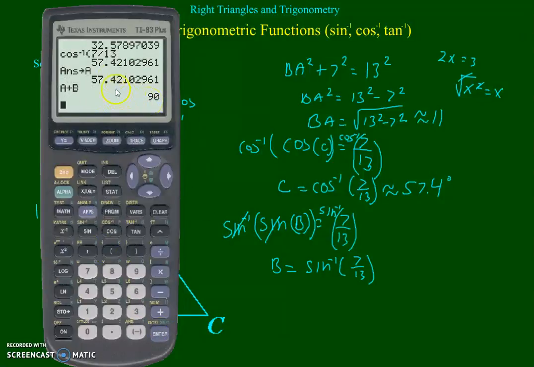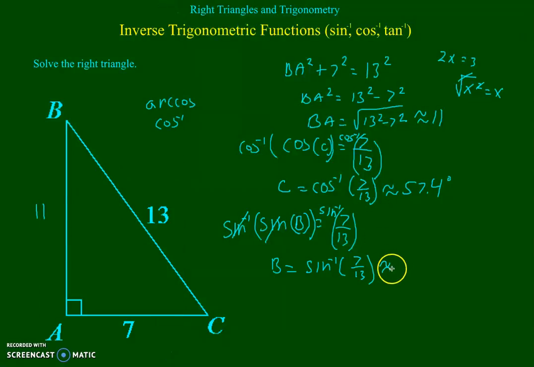So you can see that we got the proper value. So our answer was 32.6. So this angle is approximately 32.6. You can see how nicely this symmetry works out, where this angle is 32.6, 57.4, and they all add up to 180. And we have solved this right triangle.